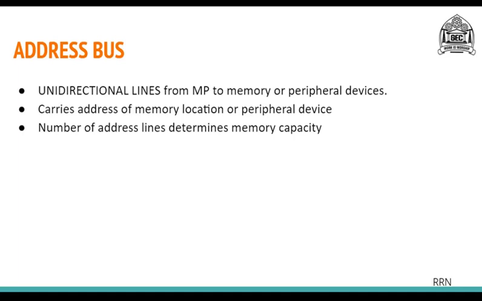That is why it is unidirectional, because it carries the address from your microprocessor to your memory location or the peripheral devices which are attached. So this is how your address bus facilitates the transmission of addresses in your microprocessor.